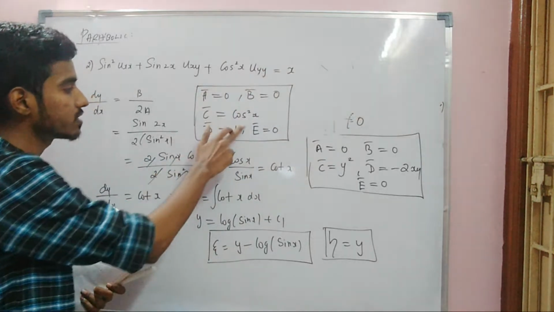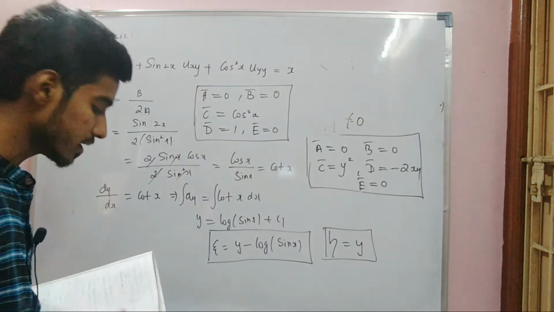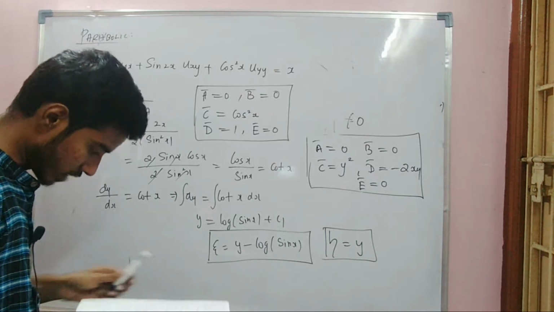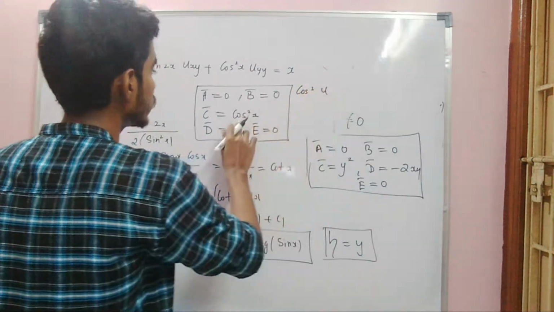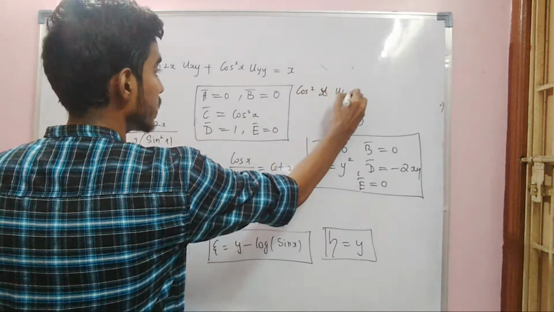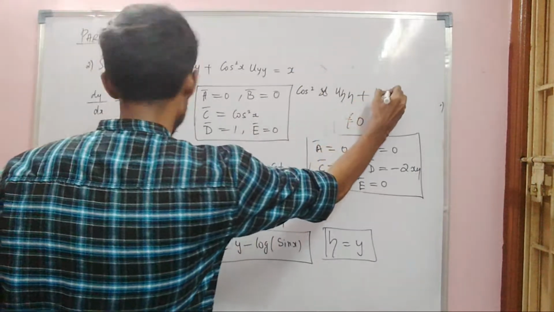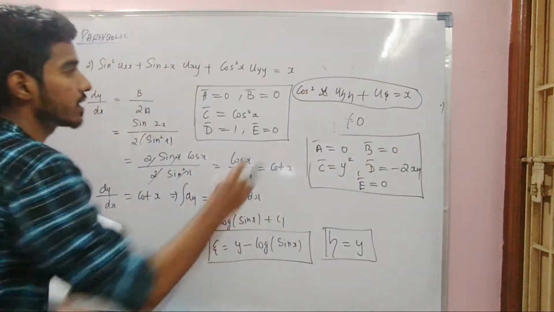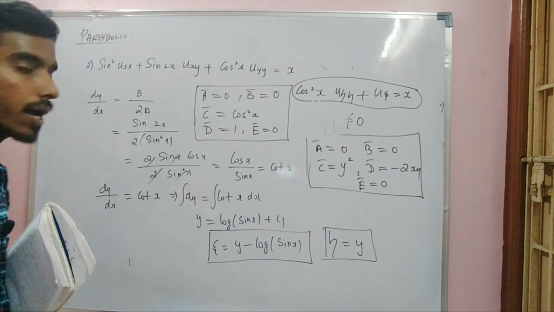Substitute c bar equal to cos square x and d bar equal to 1 in canonical form, and you will get the answer: cos square x U eta eta plus U theta is equal to x. This is our canonical form.